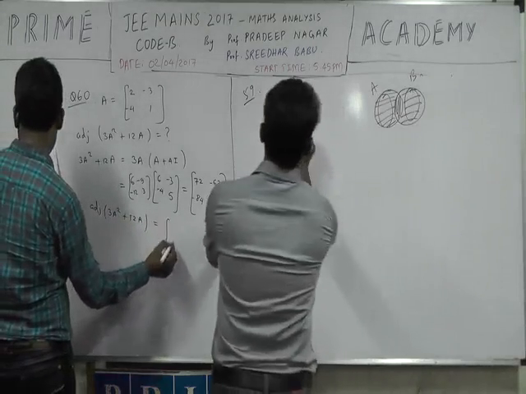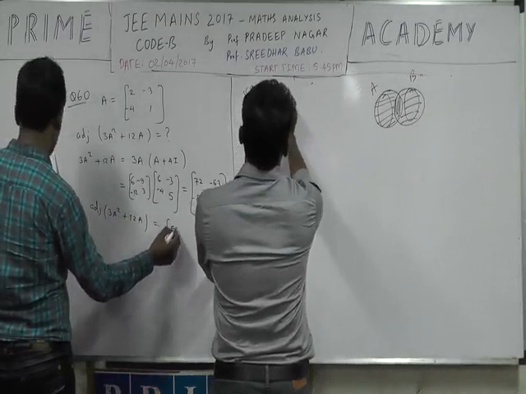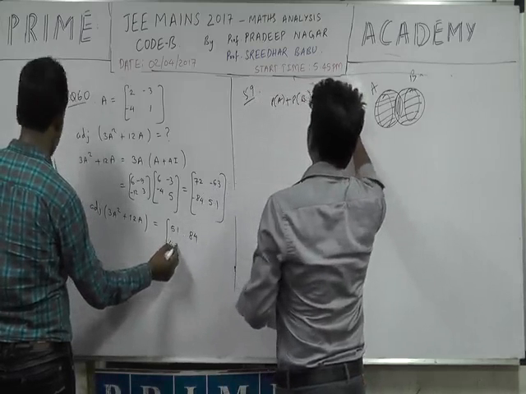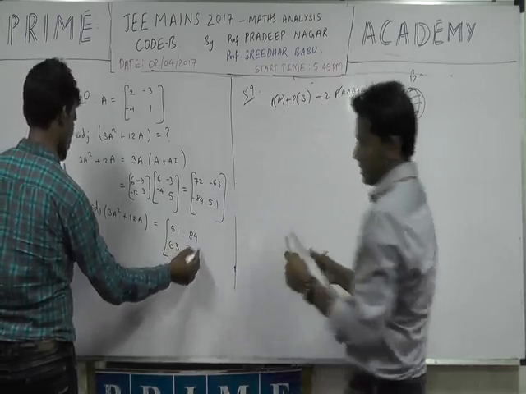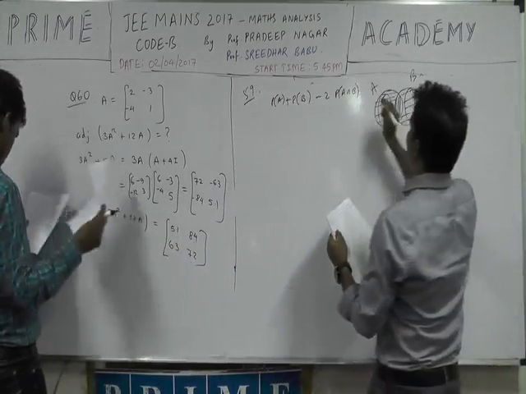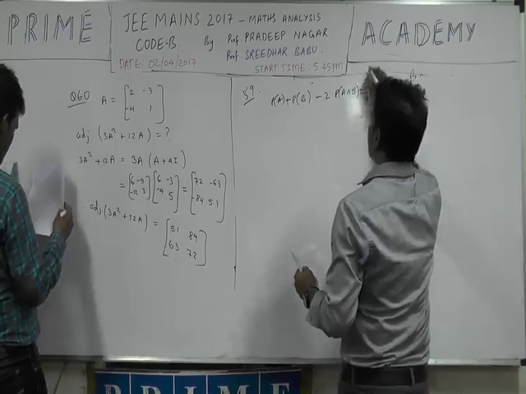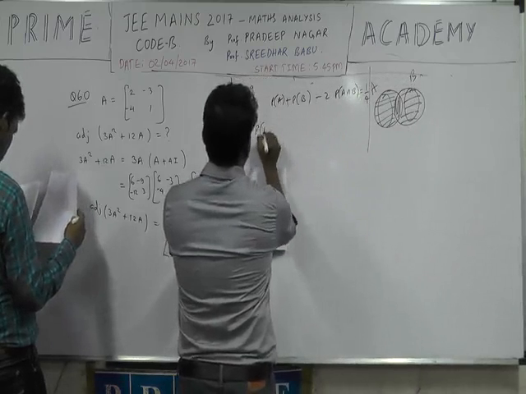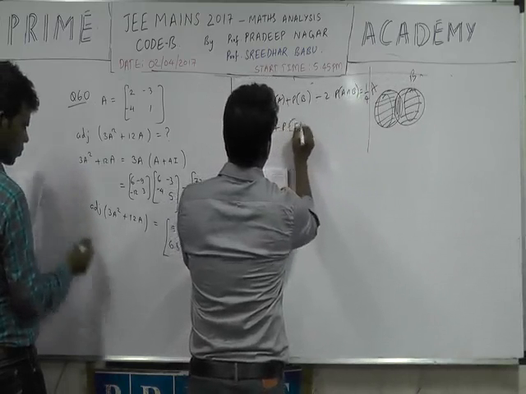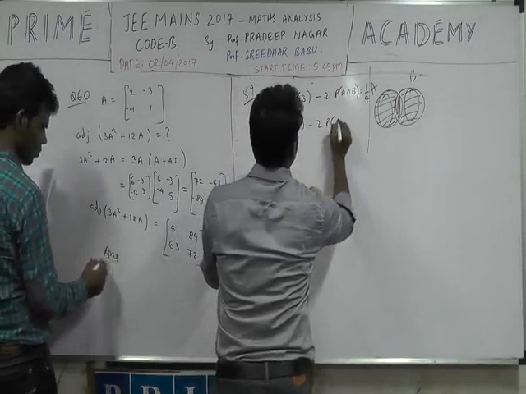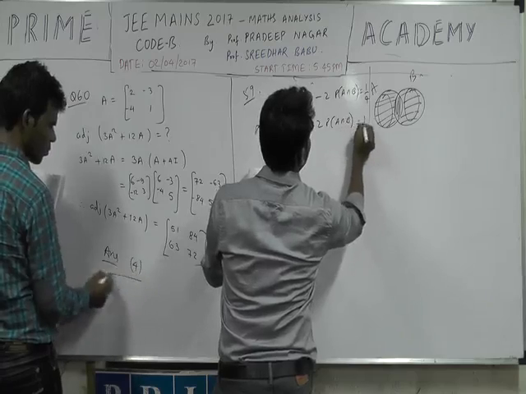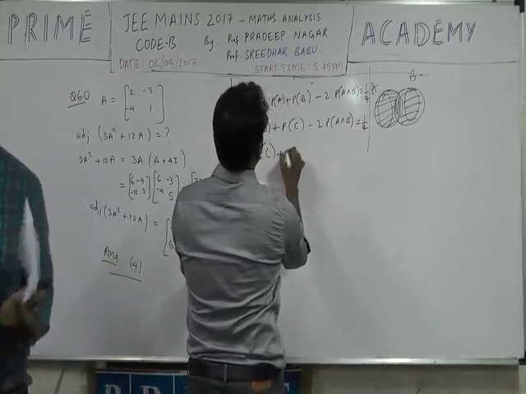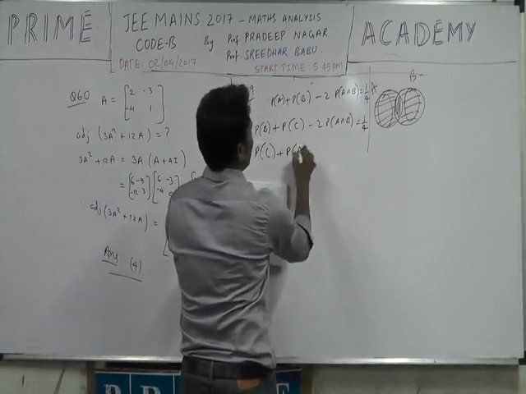So what is given here is P(A) plus P(B) minus 2 into P(A intersection B). This is given in the question as 1/4. Also, the probability of exactly one of B or C occurring can be written along similar lines, and again the probability of exactly one of C or A occurring.